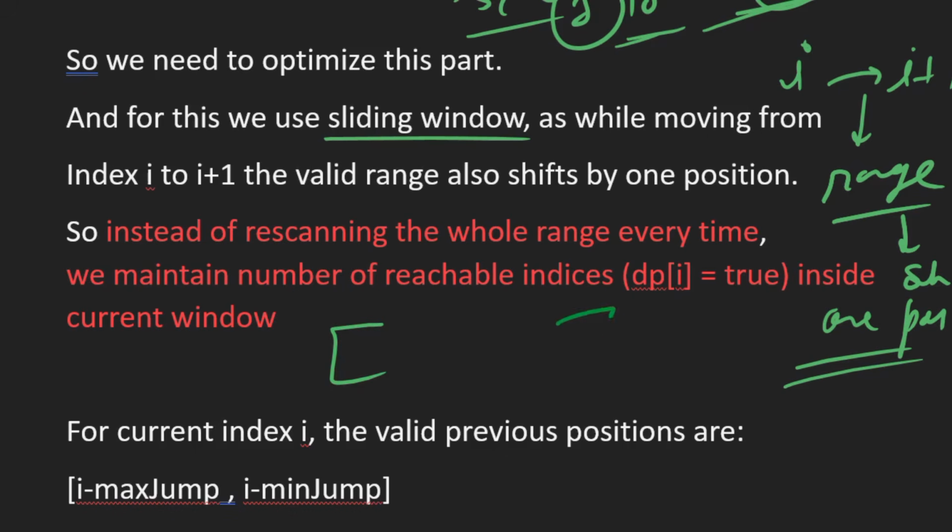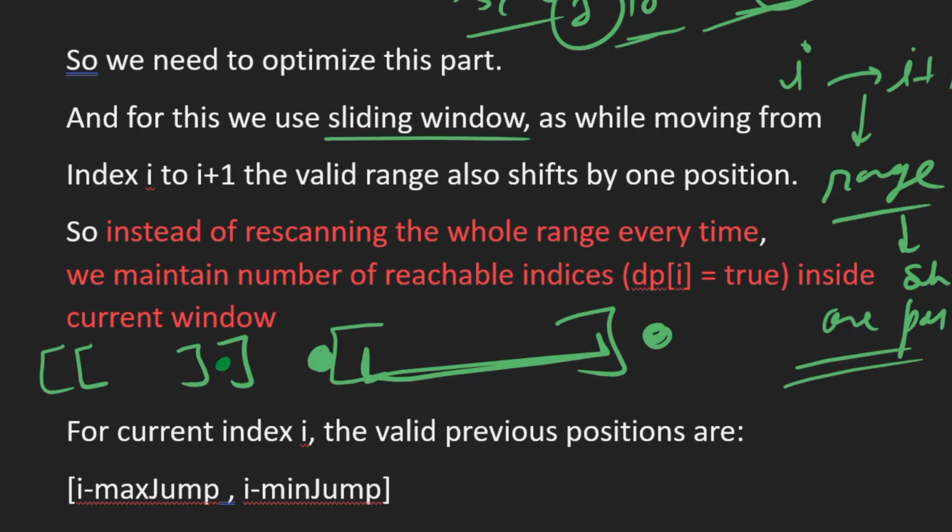So instead of rescanning the whole range, we just add a new element to the range and remove the last element that is going out of the range. Because let's say for index i this is the range, then for index i plus 1 this will be the range, which means a new element has been added and an older element has been removed from this range. So we'll be using a sliding window.